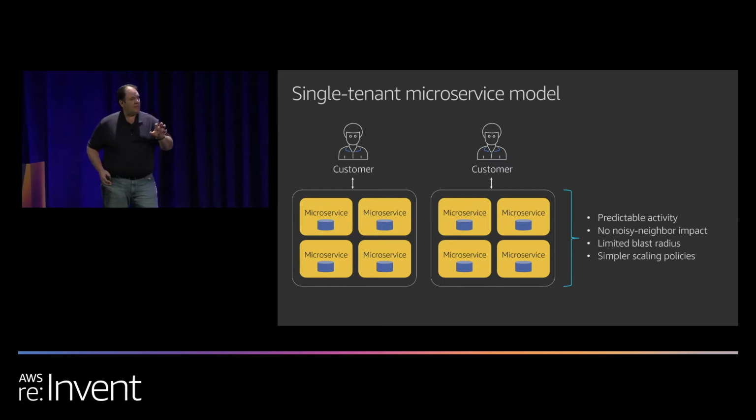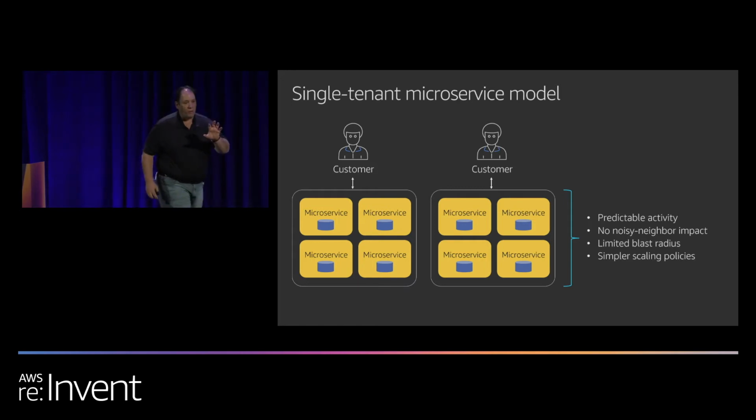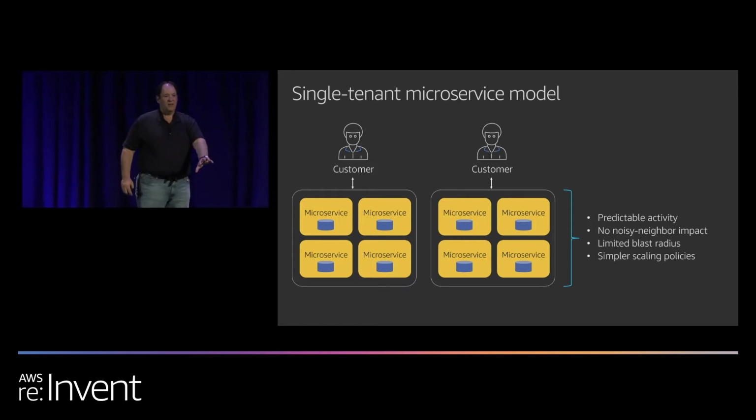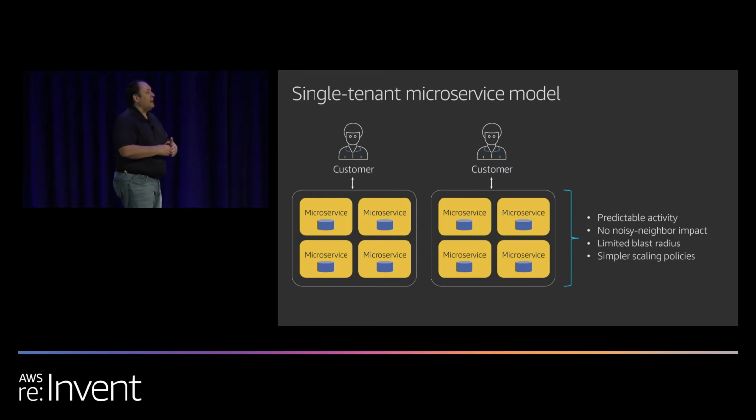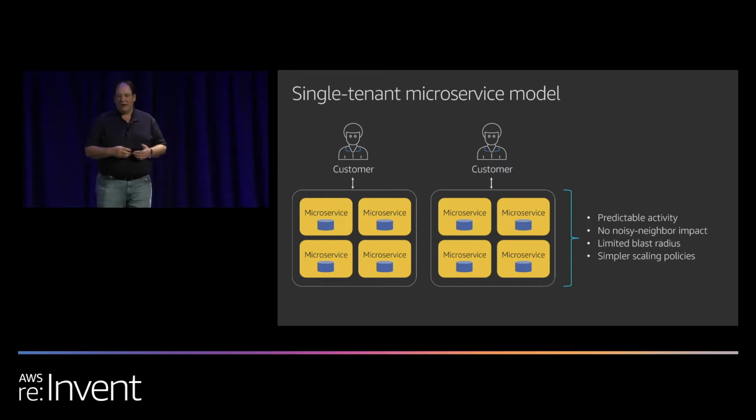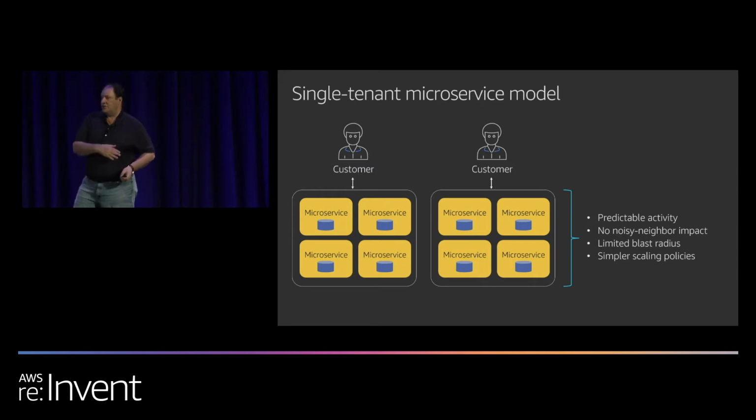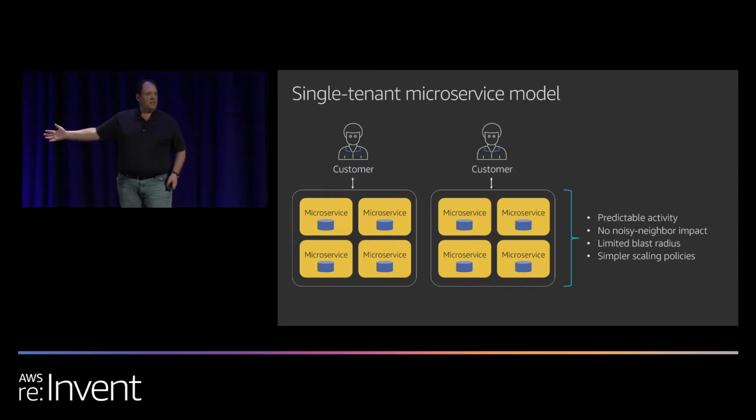And if you think about the mindset for microservice decomposition when you're building for this type of environment, your universe is much simpler. I don't have to worry nearly as much about things like noisy neighbor, how much does this one affect this one? I don't have to worry about if some outage happens in one customer, it's not going to potentially cascade across all the customers and take everybody out.